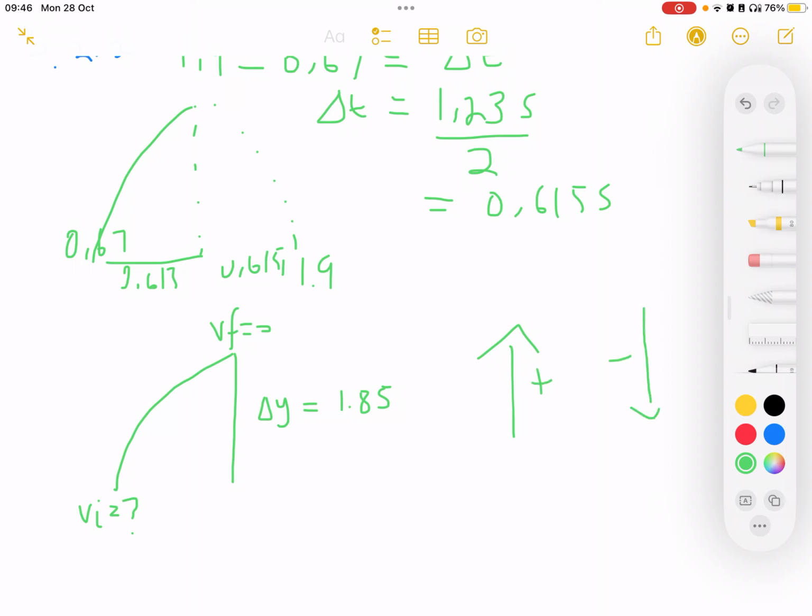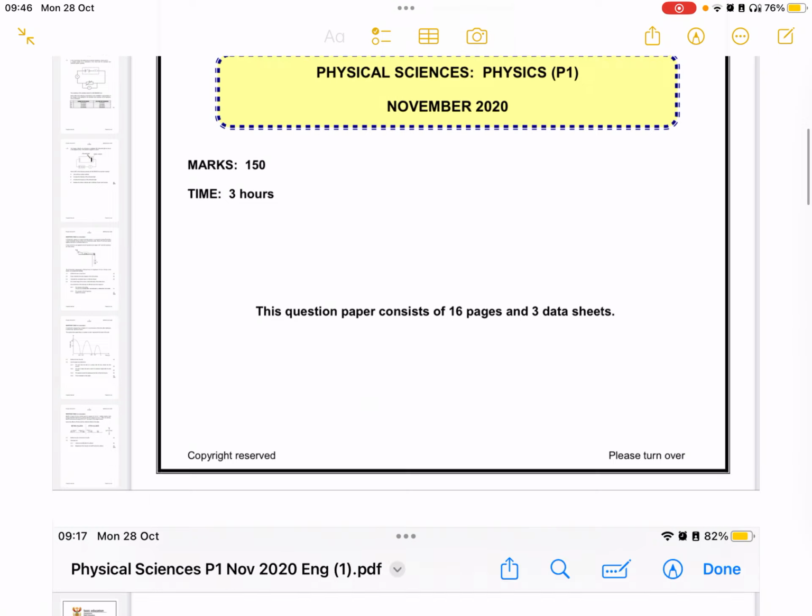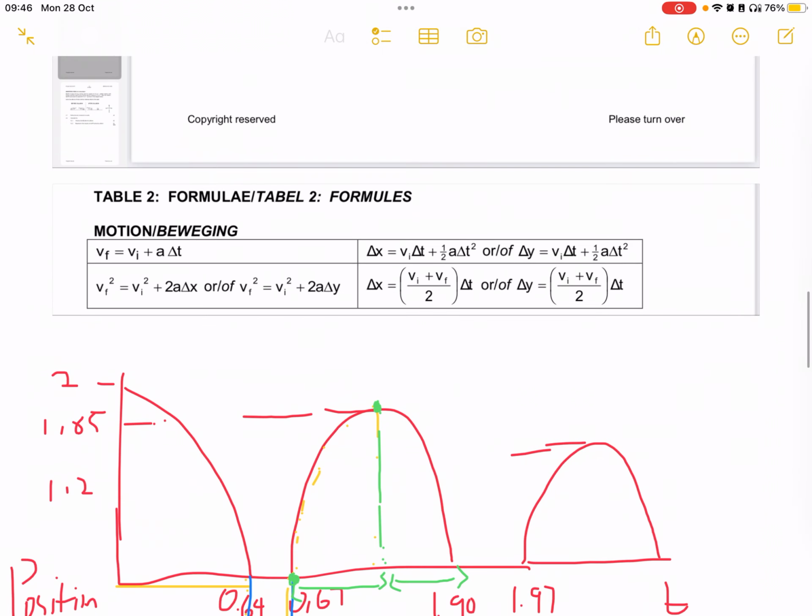And now we are under the influence of an acceleration, which is what? Negative 9.8, because it's going down. It's pulling the object to go down. So what formula combines Vi, Vf, delta y, and a?